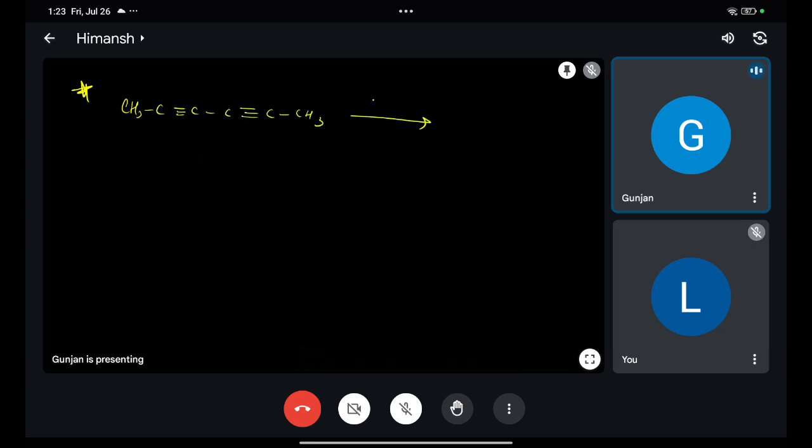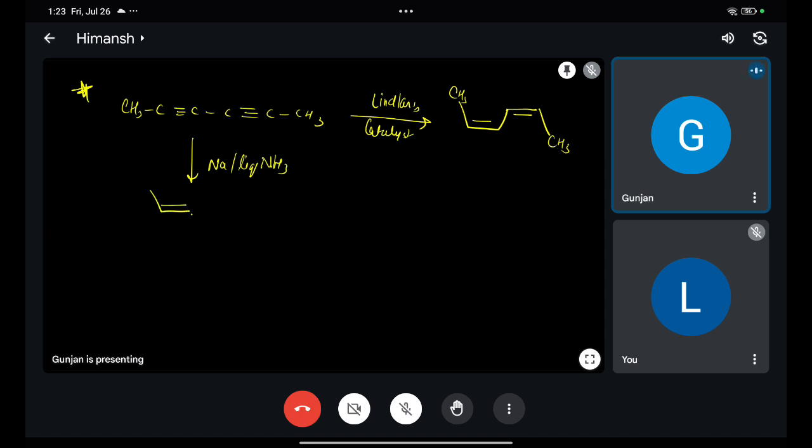Now if we apply Lindlar's catalyst to this, we know that we are getting cis alkene. So this will be the final answer, right? Cis alkene. This is also cis, this is also cis. But if for the same we take sodium and liquid ammonia, then we are getting trans.